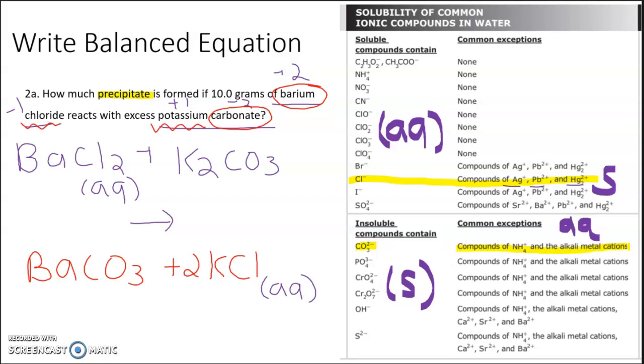An alkali metal is something that is +1. I already wrote it up above, potassium carbonate is a +1. So because that is an exception, potassium carbonate is aqueous. But barium carbonate is not an alkali metal. Barium is a +2, so it is not an exception, which means it is solid. So in 2A, I'm going to be looking for how much barium carbonate, because that's my precipitate.